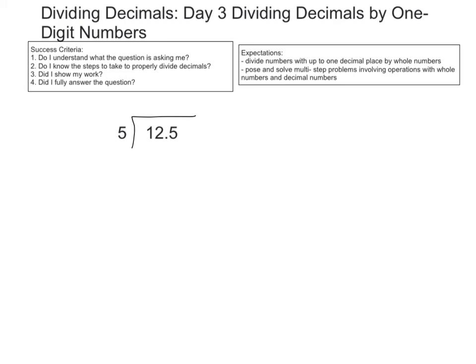Well, we know that 5 times 2 equals 10. So we can put our 2 in the ones place, right above the 2. And now we have to multiply 2 times 5. We know that 2 times 5 is 10. And we subtract and know that we have 2 left.